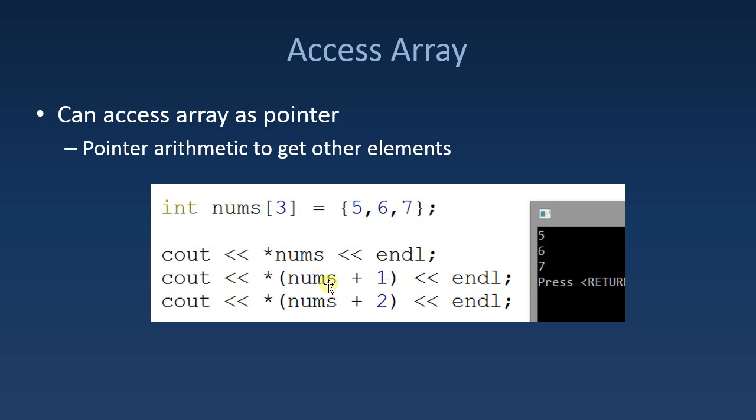If I add 1 to nums, I'm doing pointer arithmetic, so I'm getting the second int within nums, and I dereference that, and I get the second int in the array. And if I add 2, I'm jumping from the base address 2 elements in, and I get the 7. This would be a bizarre thing to do intentionally, but we can take an array and treat it like a pointer.